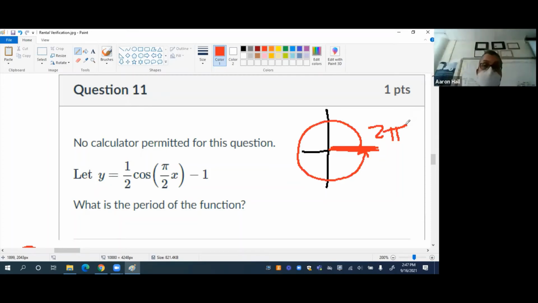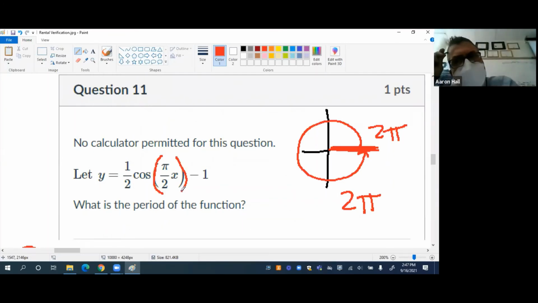Now this is going to be some type of horizontal stretch, which is my A, B, C, or D value? It's my B value. What is my B value? It's pi halves. So I'm going to stretch this period by a factor of pi halves. Oh, wait a minute, we have parentheses.